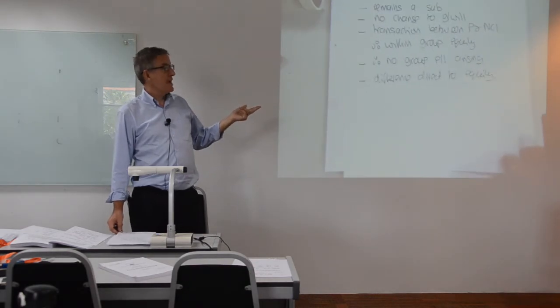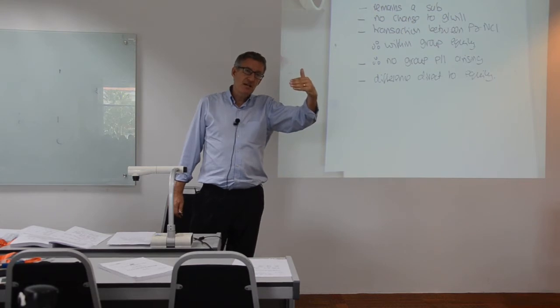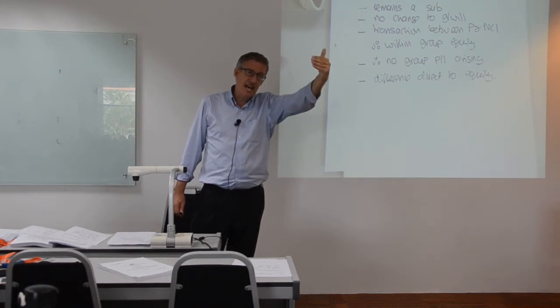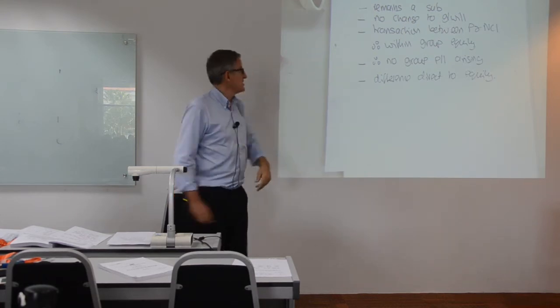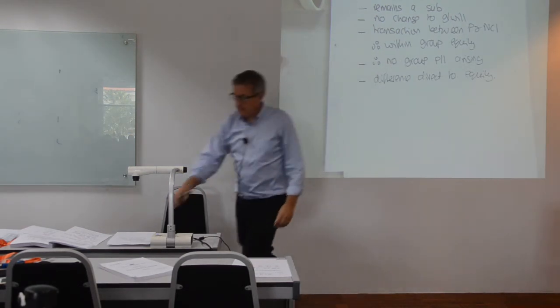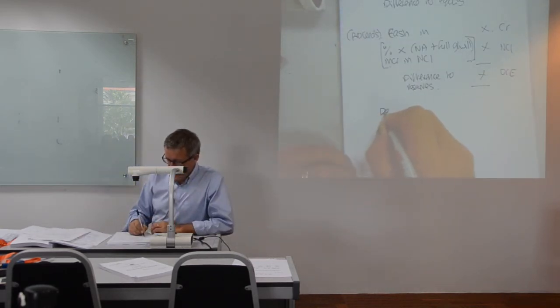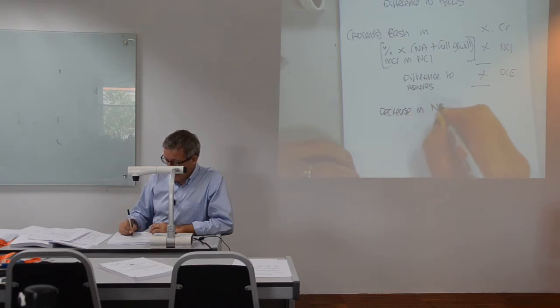If you buy them out, if you have 90 and then you buy another 10, you're decreasing the NCI. Still remain a sub, no change, all this is exactly the same. But if you decrease the NCI, then there is also a difference.